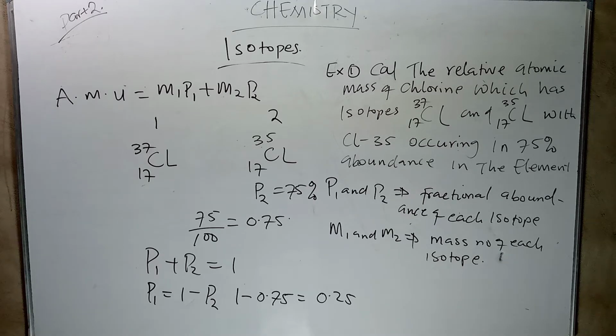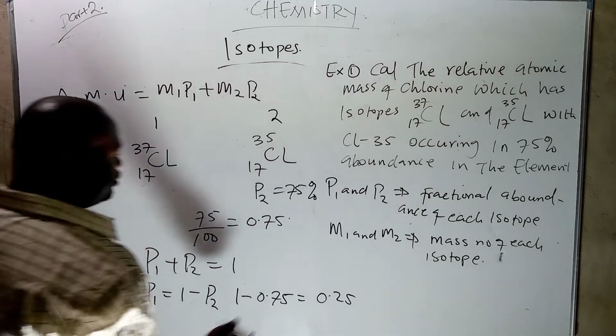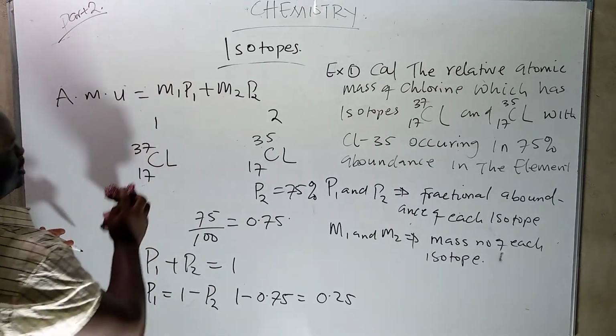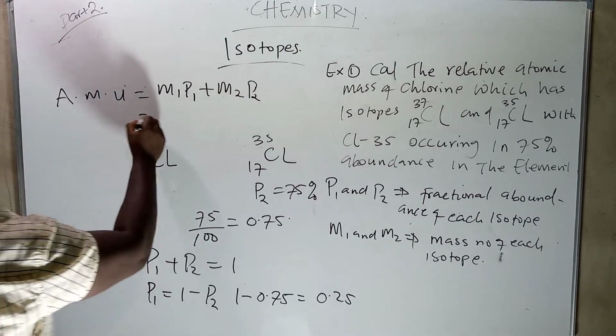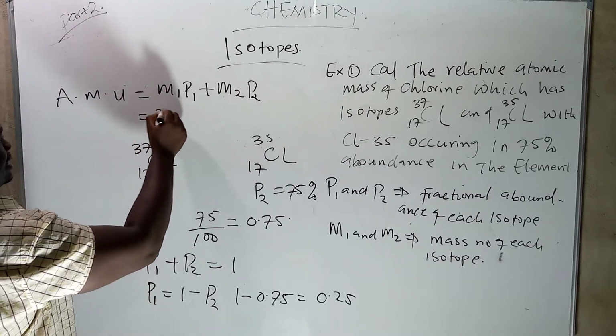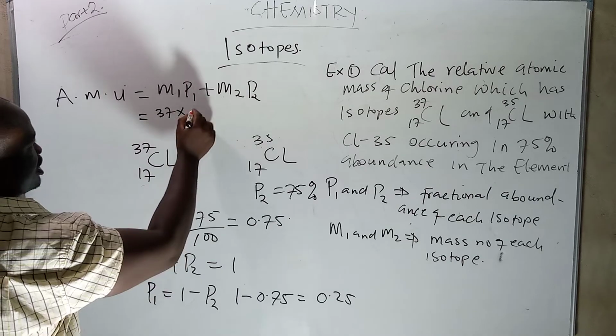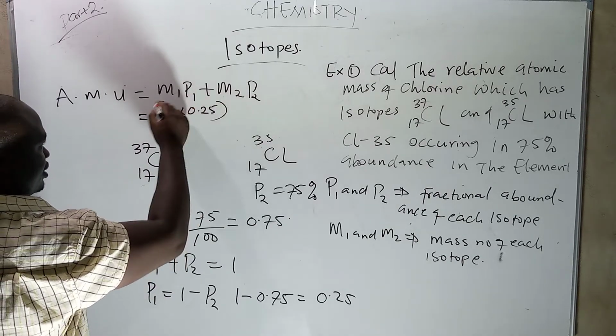Now, all I have to do is substitute all of this into my formula above, and the answer will flow naturally. Look at what I'm saying. You already have the mass numbers and your P1. Let me clean this. From here, your M1 is 37, your P1 is 0.25, right?